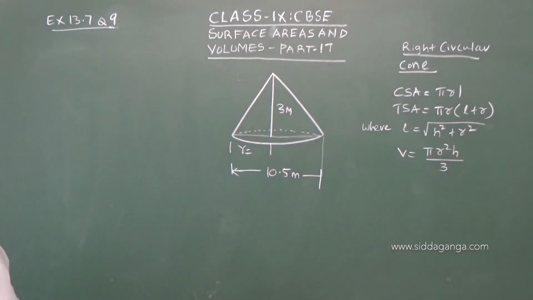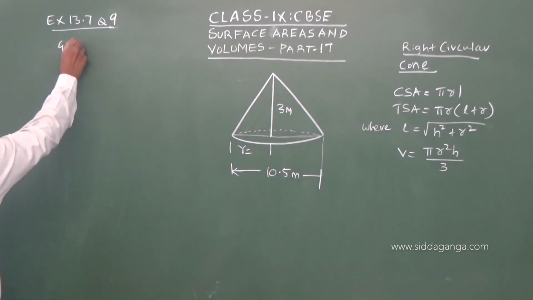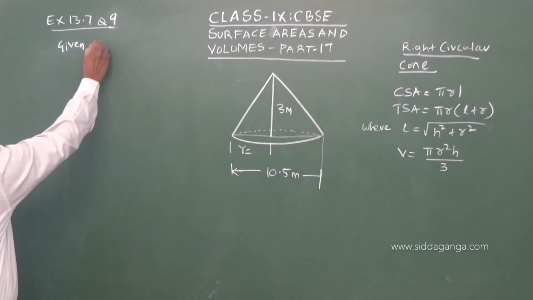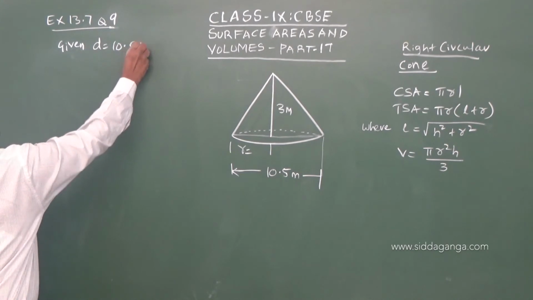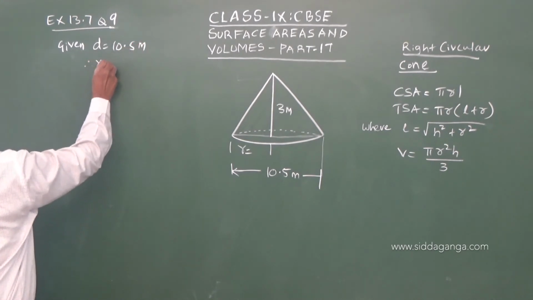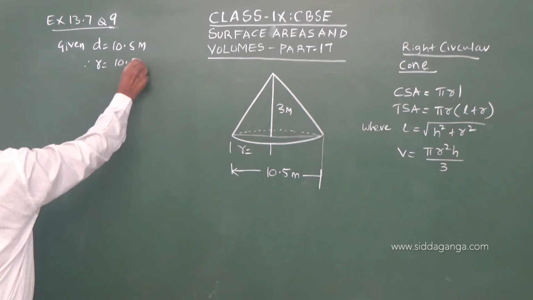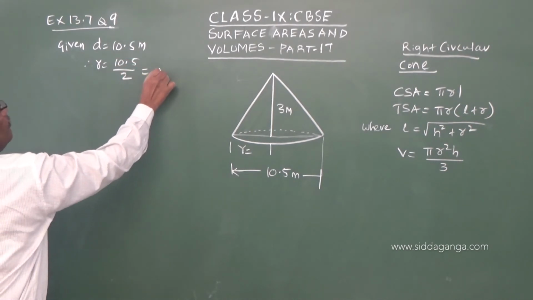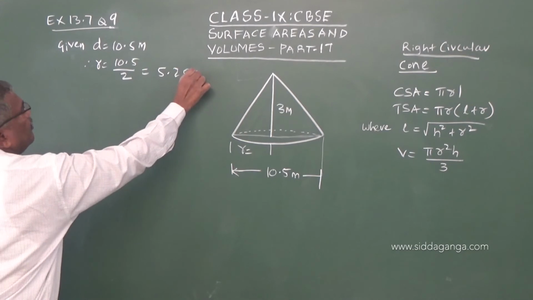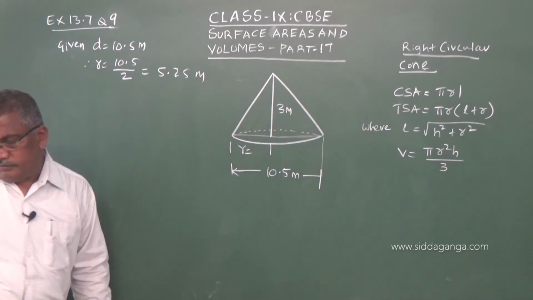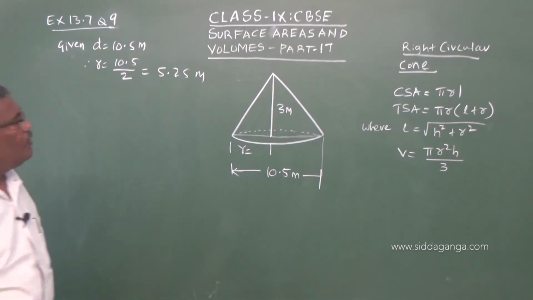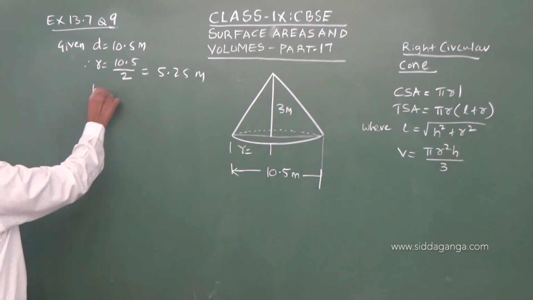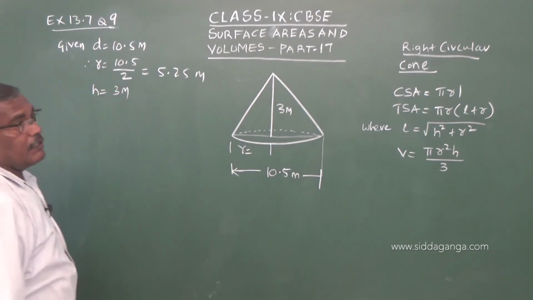So now, given diameter is equal to 10.5 meter. Therefore, r is equal to 10.5 divided by 2, 5.25 meter. So, height is given. Height is equal to 3 meter.